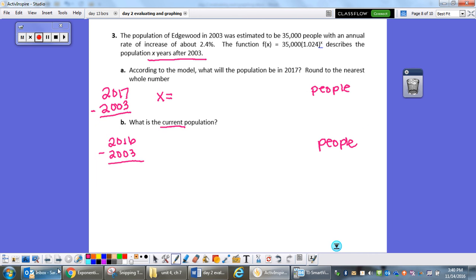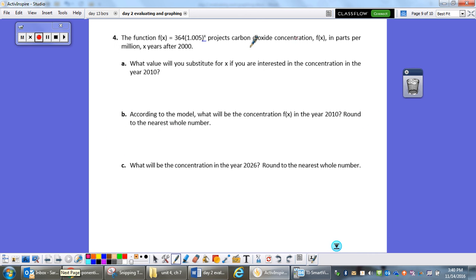Okay? And number 4, it's parts per million. So you'll have a different label, but this time it's years after 2010, so back to normal, and your label will be parts per million.